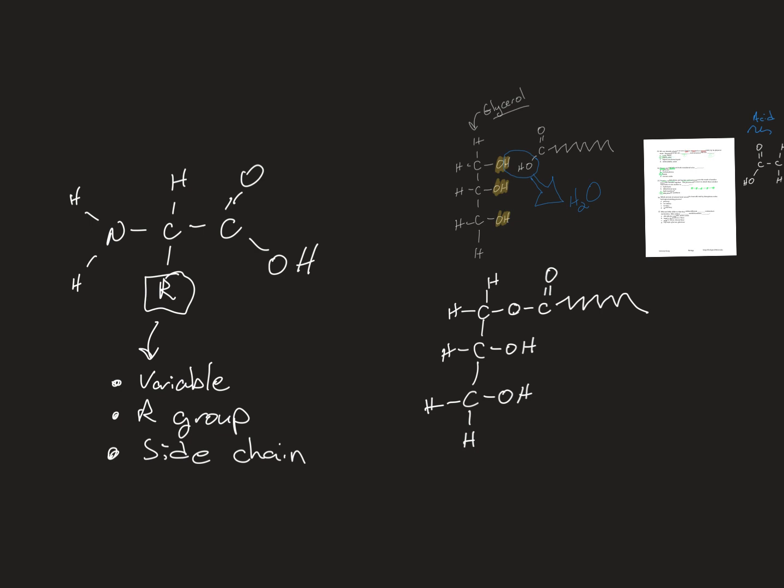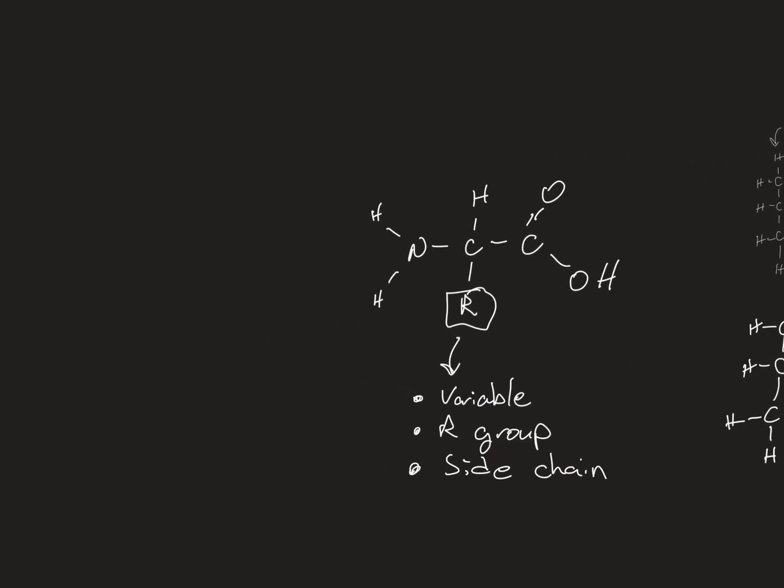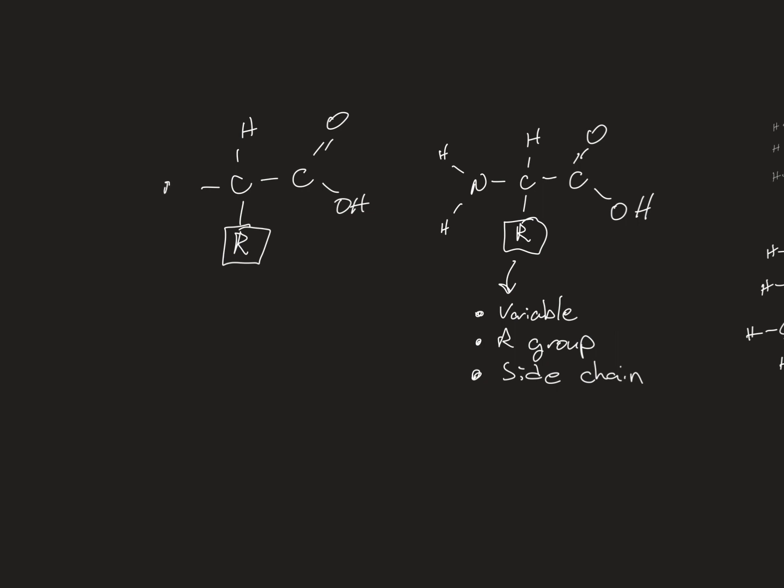If I want to link this one to another one of these, if I want to link these two together, the amine to the carboxylic acid, and make a peptide, then I have to do the same thing.